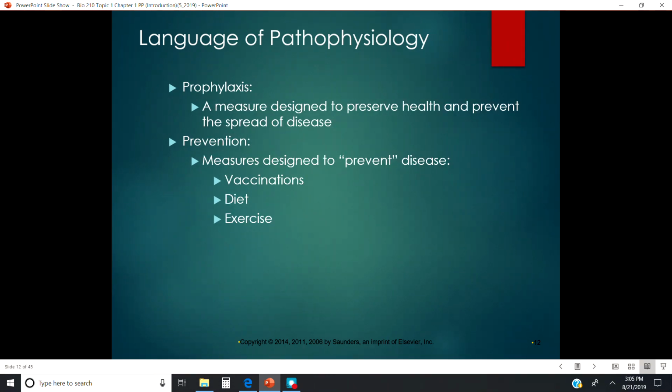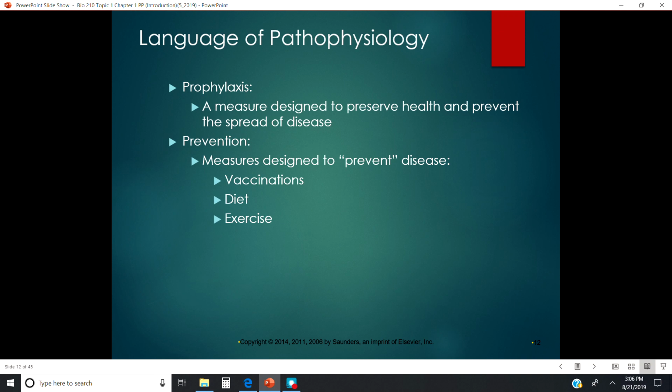Okay, the next two terms are kind of related. Prophylaxis. This is a measure designed to preserve health, but even more importantly, to prevent the spread of a disease. A really simple example would be the use of a condom. If you think about using a condom, not only does it prevent pregnancy, but it prevents the spread of sexually transmitted diseases, maybe like HIV, chlamydia, herpes, that type of thing, right?